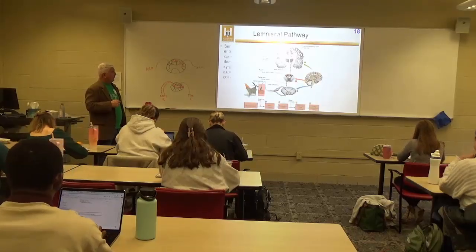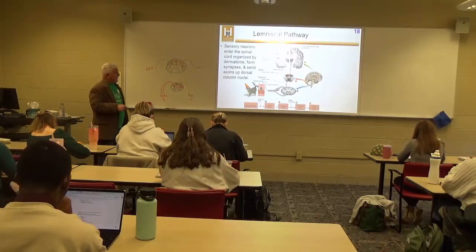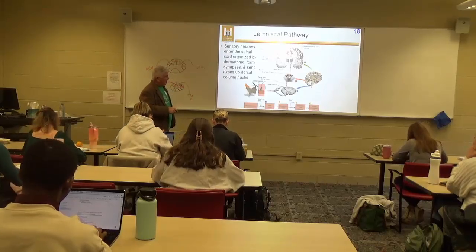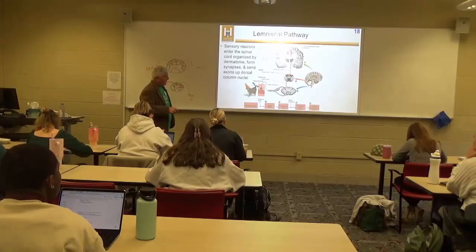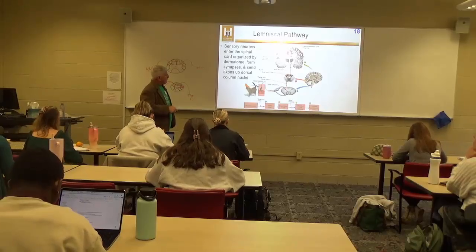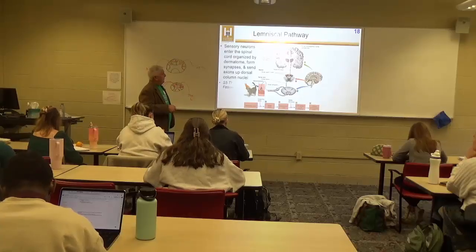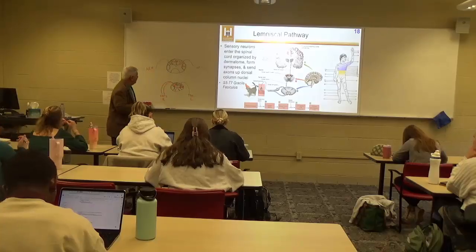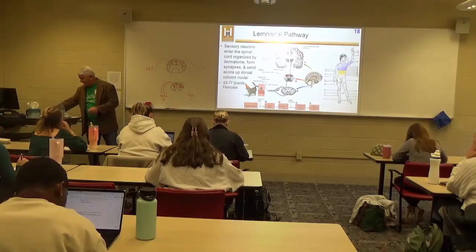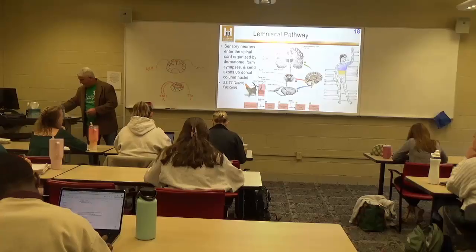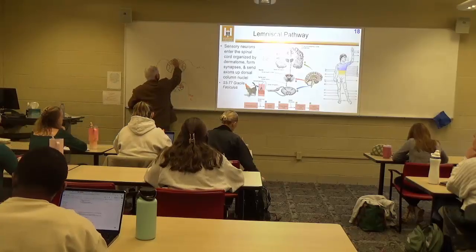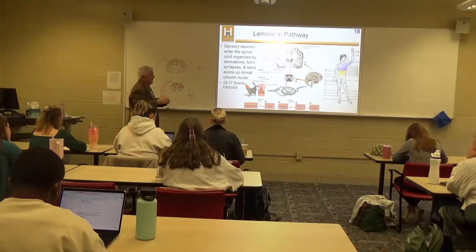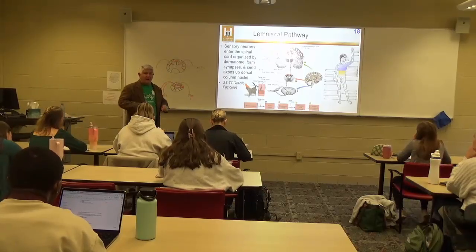All right. So again, the lemniscal pathway, organized by dermatome, travels through the dorsal columns here. The dorsal columns are actually further defined into the lower half of your body and the upper half of your body.